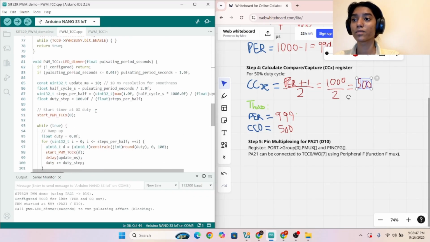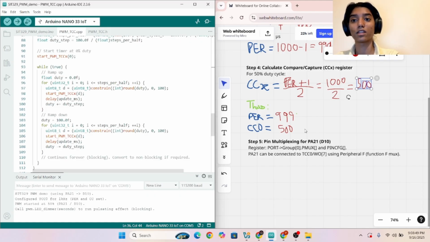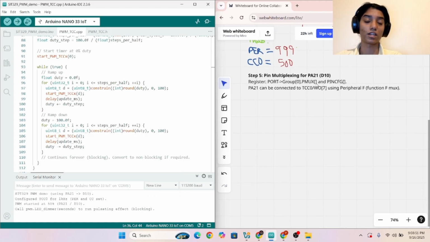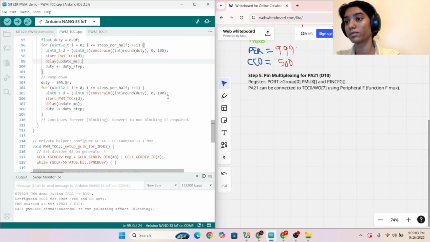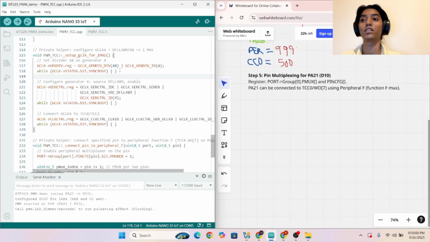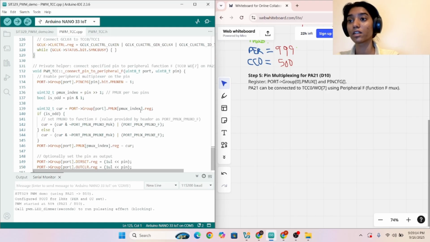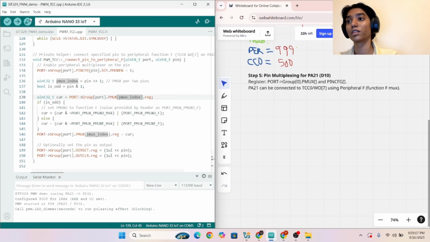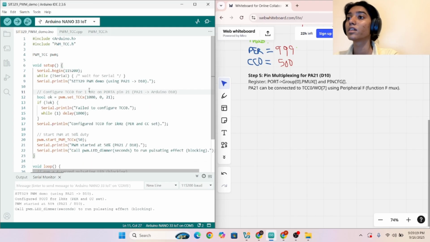Moreover, all those calculations are here, and then we have PMUX because we are playing around with multiple peripherals at the same period of time. The same happens over here, where we explain what kind of clock we are dealing with, the IDs and everything, and PMUX.